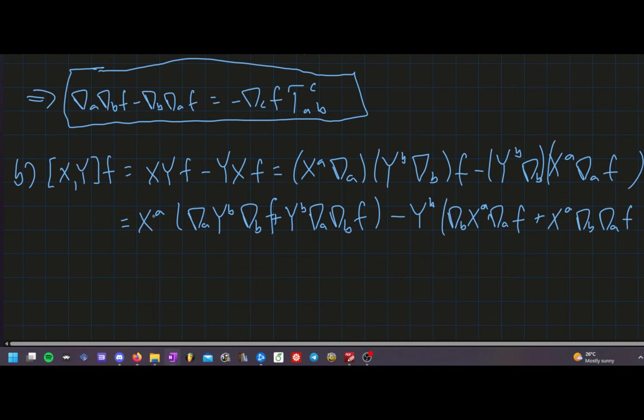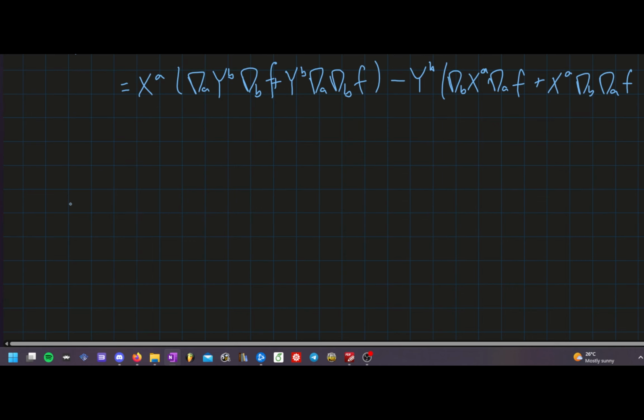So we can collect some terms and reorganize this a little bit now. So we're going to have a term like this. We're going to have xa nabla a yb nabla b f minus yb. So now I'm onto this term here. Nabla b xa nabla a f plus, and then we're going to collect the xa and yb.